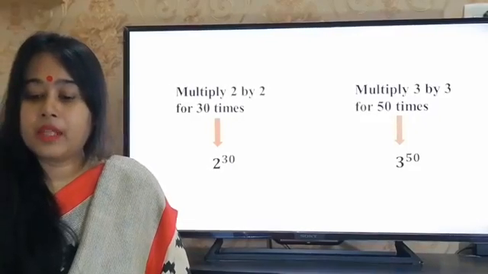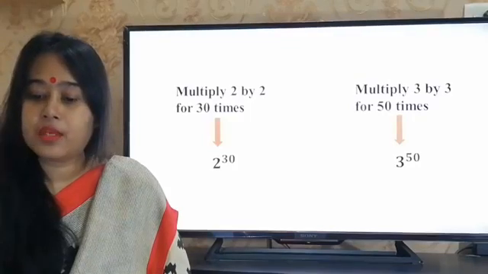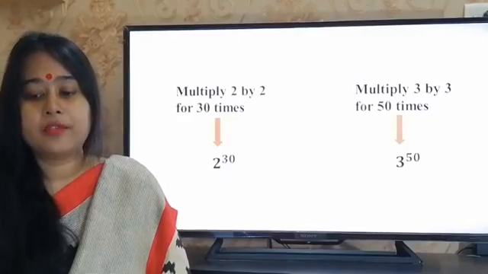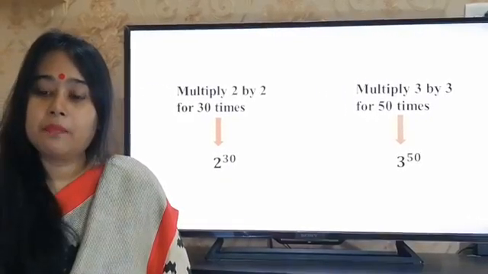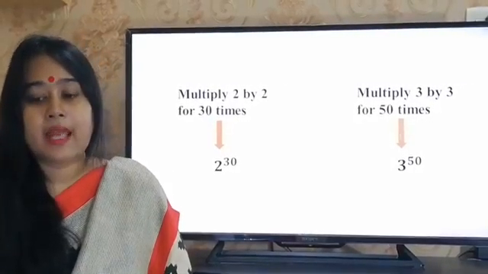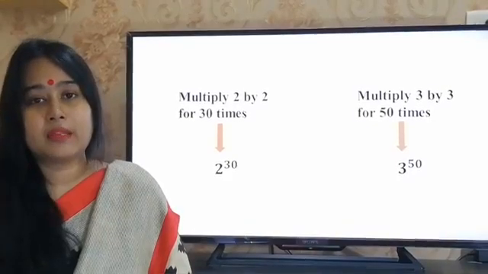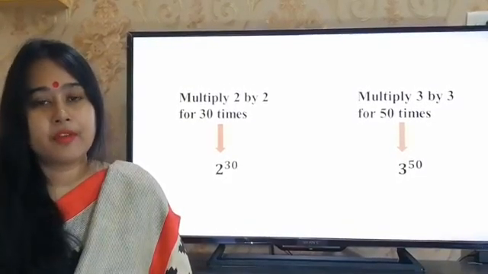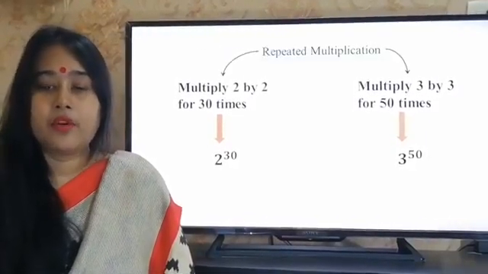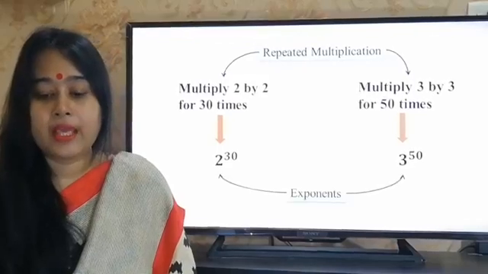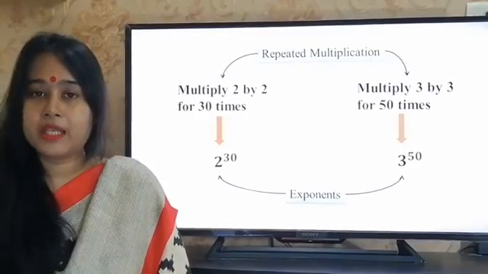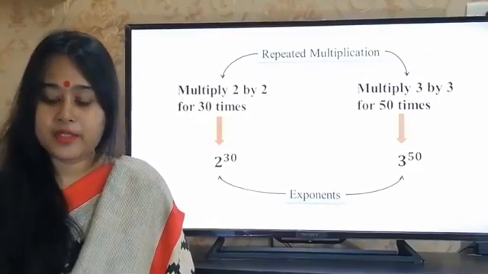And for multiply 3 by 3 for 50 times, we write 3 to the power 50. 3 is the base, and it is multiplied 50 times, so 50 is the index or power. So for repeated multiplication, we will use exponents.